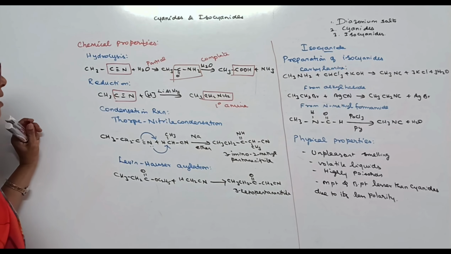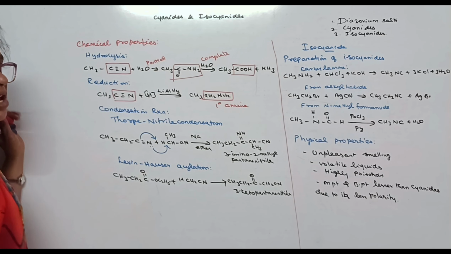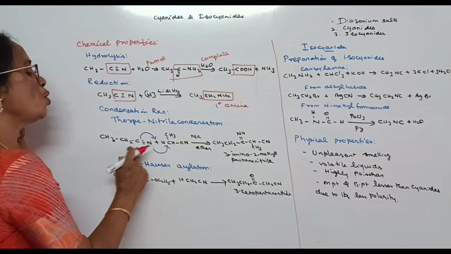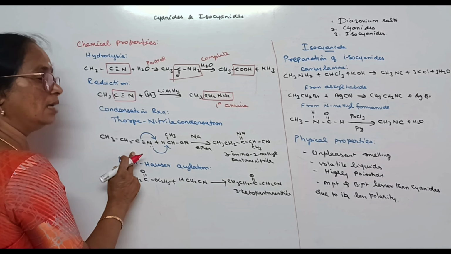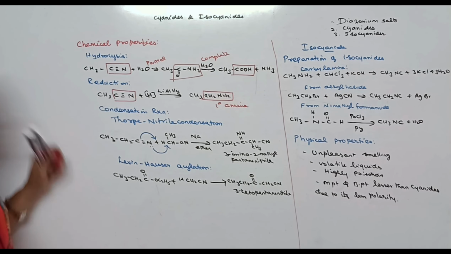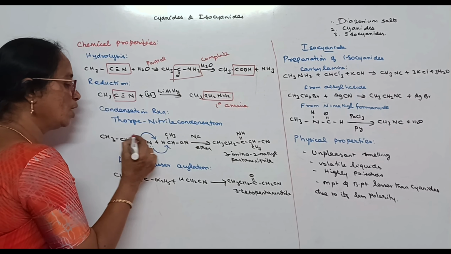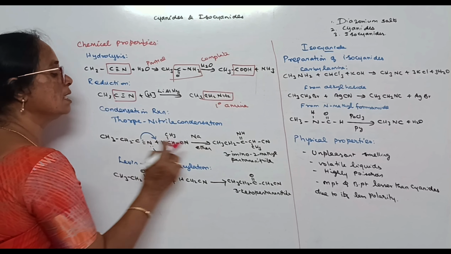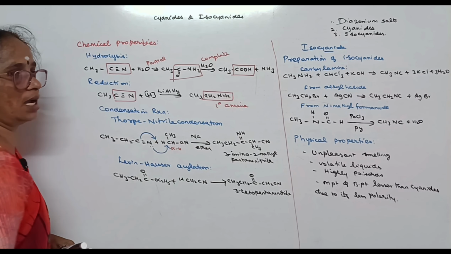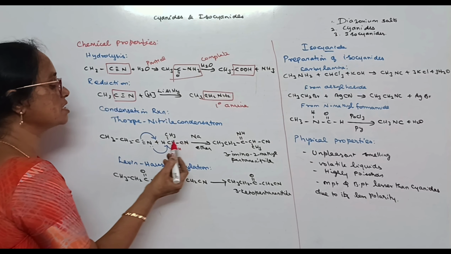Condensation reaction. Here we have two types of condensation reaction. One is called Thorpe-Nitrile condensation. In this case, two molecules of nitrile undergo condensation in presence of sodium and ether. Here the cyano group of one molecule gets condensed with the compound having alpha hydrogen. So this is the functional group.